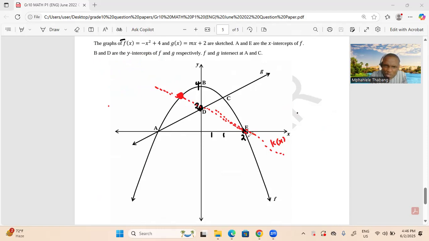F is always on top in this part of the graph, this part, it's always on top of this part which I've drawn in red.